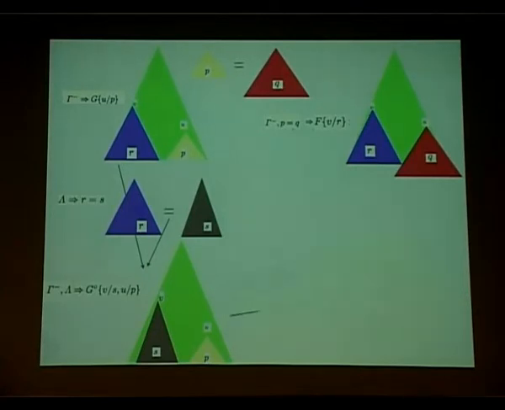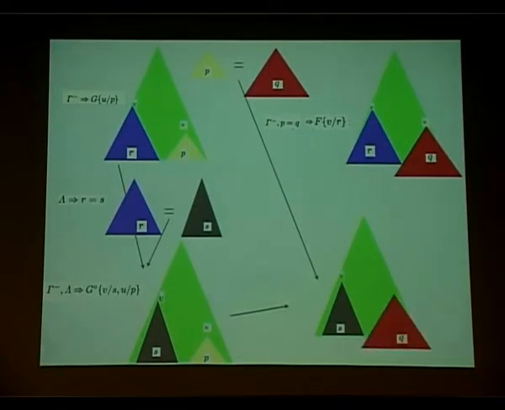And finally, to this one, you apply the congruence rule, and you obtain what we wanted. This is f of s. Okay, and this is the sequent. So this is the easiest case.